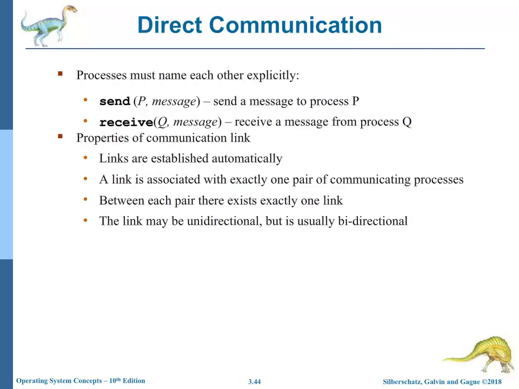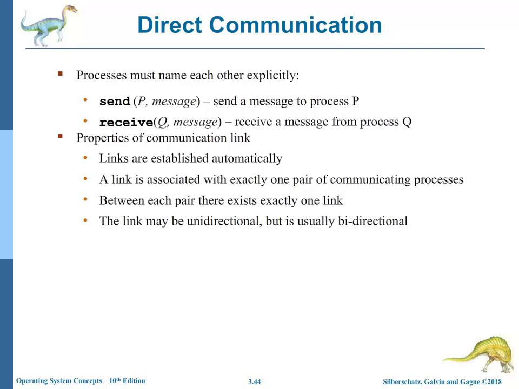Under direct communication, each process that wants to communicate must explicitly name the recipient or sender of the communication. In this scheme, the send and receive primitives are defined as follows. Send P, message: send a message to process P. Receive Q, message: receive a message from process Q. A communication link in this scheme has the following properties.